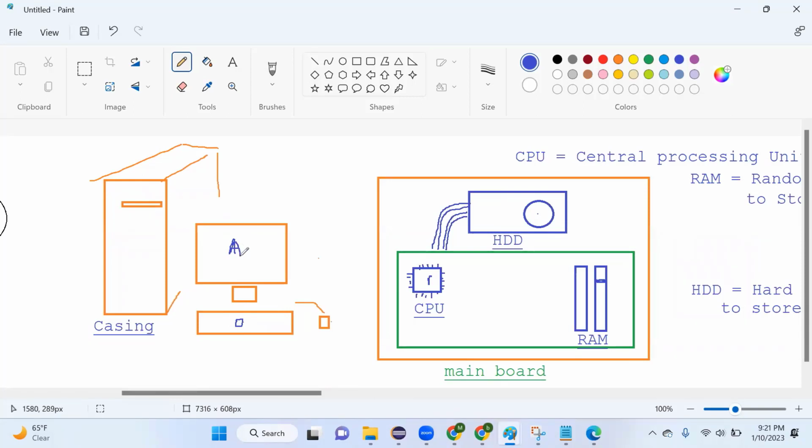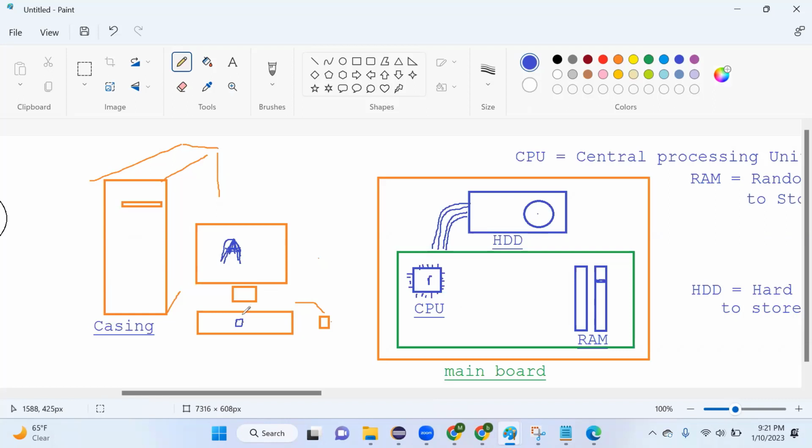For sure, it is not saved in the hard drive. So where does the letter A stay? It stays in the RAM temporarily.